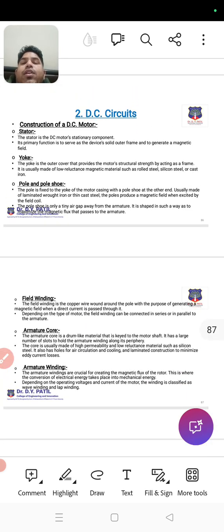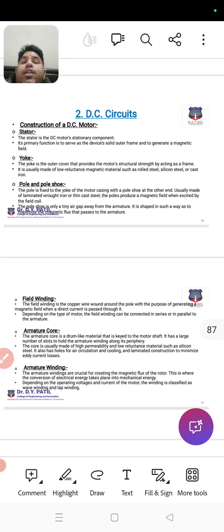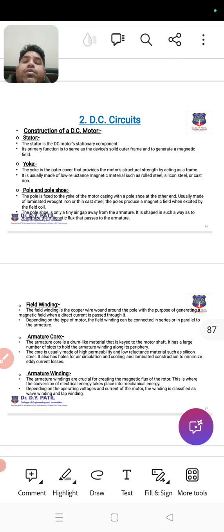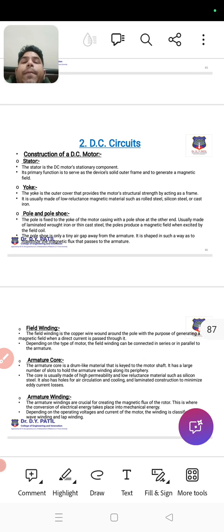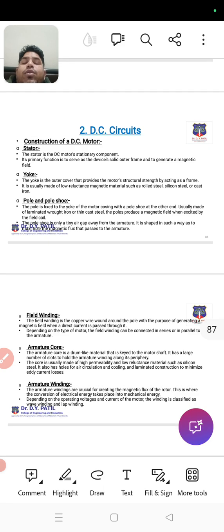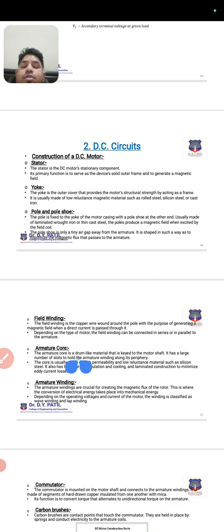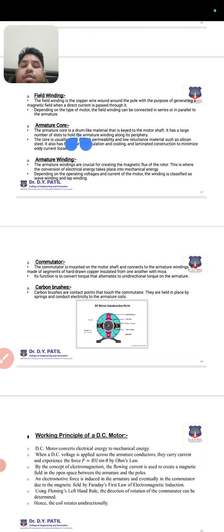Like the DC motor, there is a stator, a yoke and a pole. The stator is used for the primary winding and the rotor for the secondary winding. In the case of the DC motor, there is not a rotor, there is a commutator.